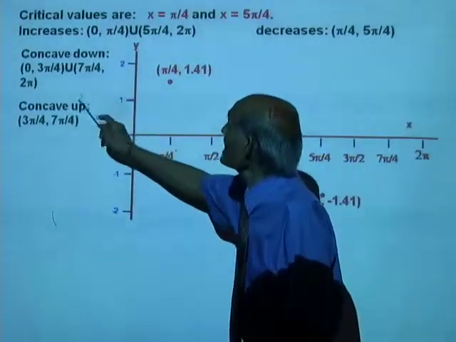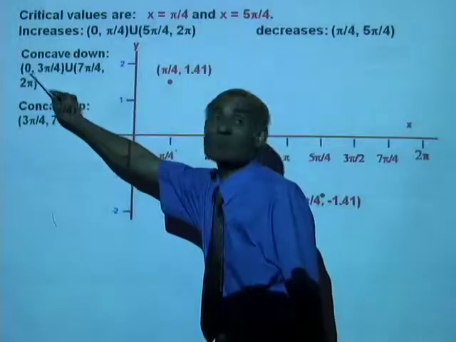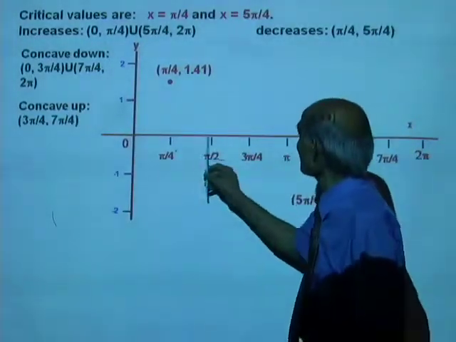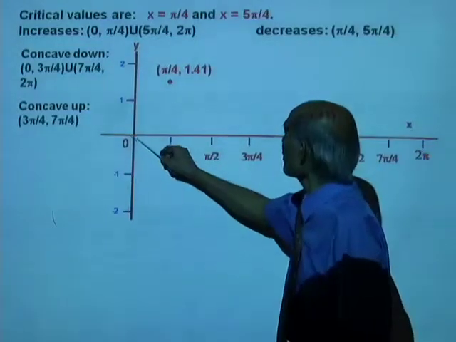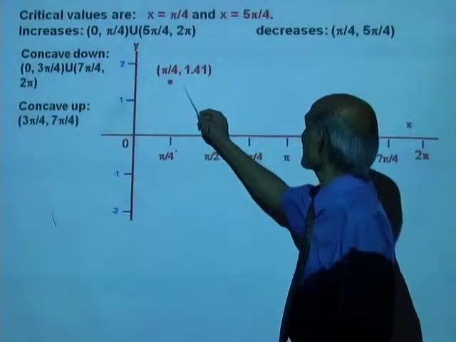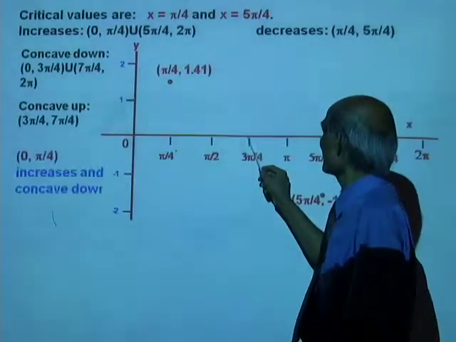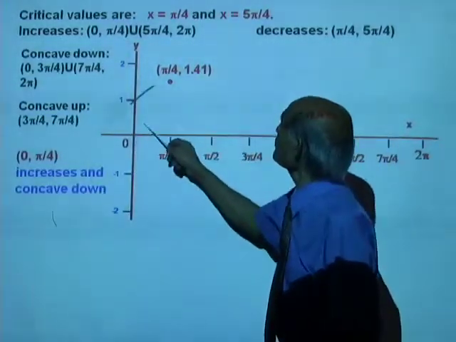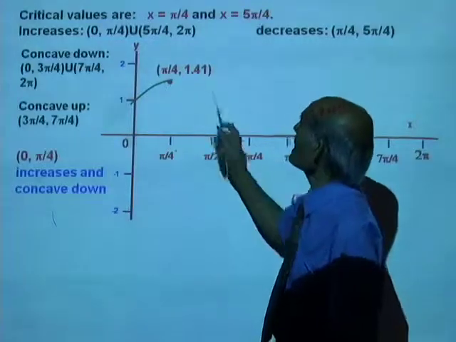You need to look at the concavity. It's concave down from 0 to 3 pi by 4. Look at that, 0 to 3 pi by 4. Concave down, that means it must come like this. So 0 to pi by 4 increases and concave down.